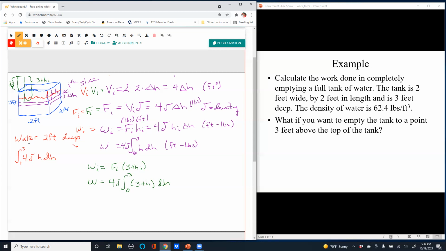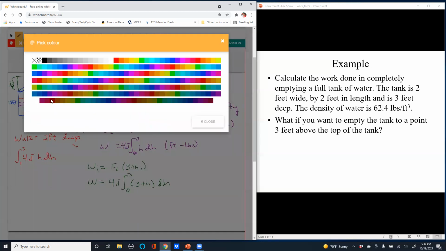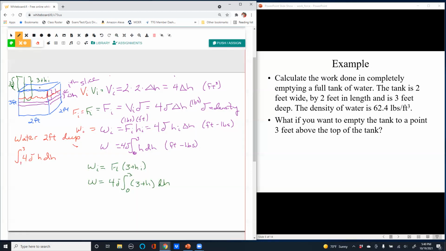And we could actually combine the two, right? We could probably do it pretty quickly. Let's see, what color haven't we used? Maybe a light green. If we wanted to do only 2 feet of water to a point 3 feet above, it's basically going to be a combination of the two.